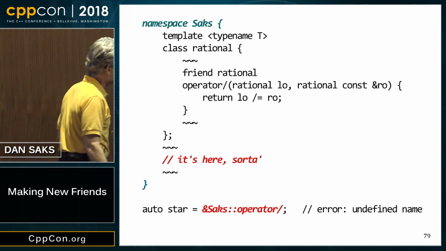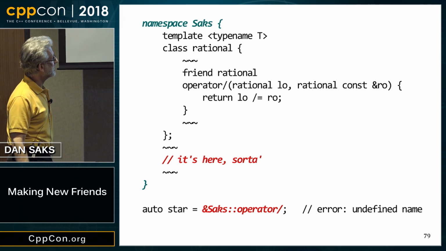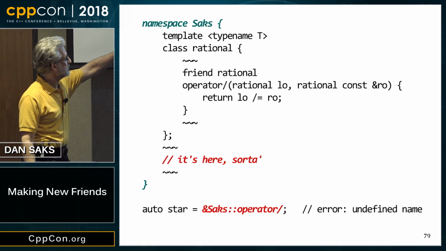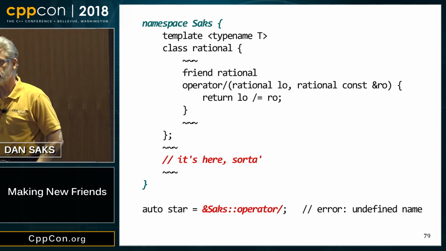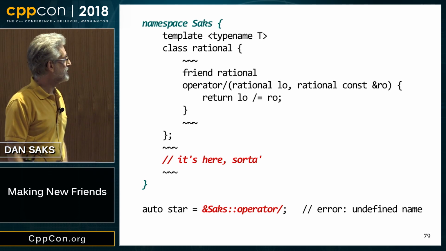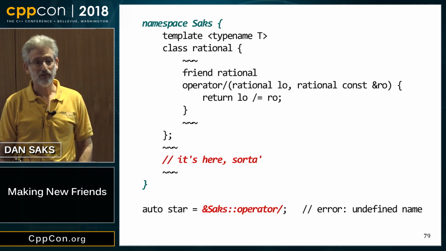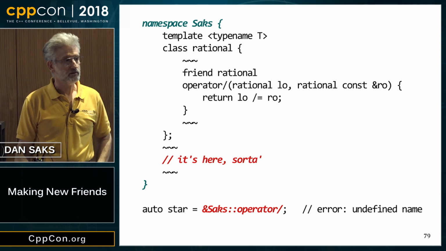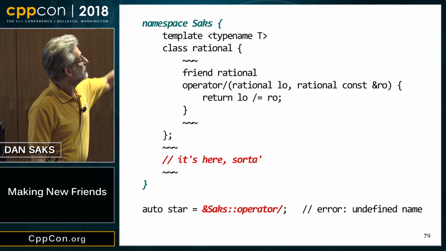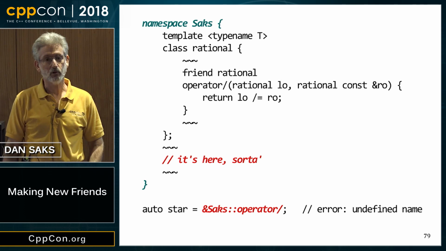And if you try to refer to the operator divide outside the class like that, this is a use. I wanted a single line use. I'm trying to take the address of that function, find out if I can point to it. It's in the namespace sax, so I just say sax::operator divide. The compiler can't find it. The reason is it's using ordinary name lookup, and friends that are introduced in a class scope like that are not visible by normal lookup.